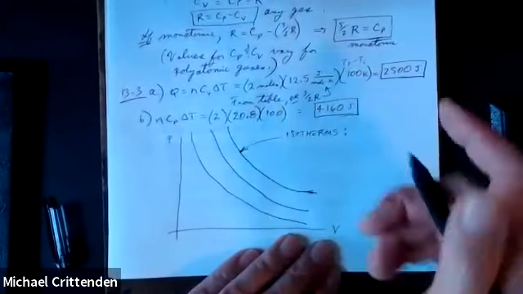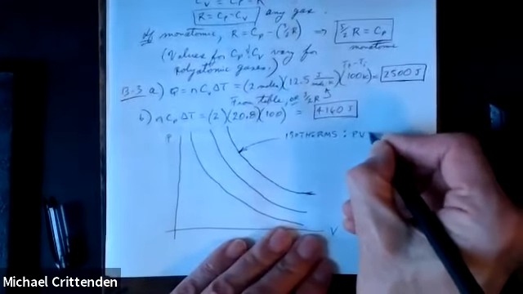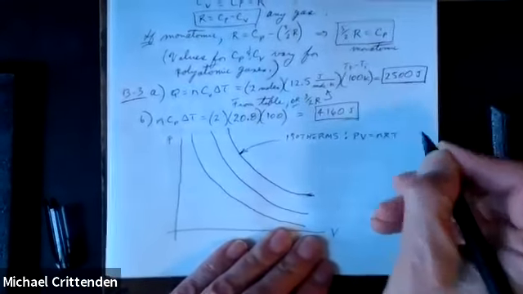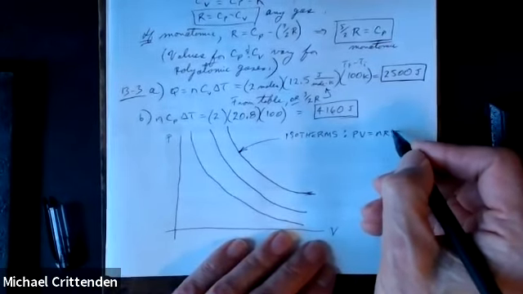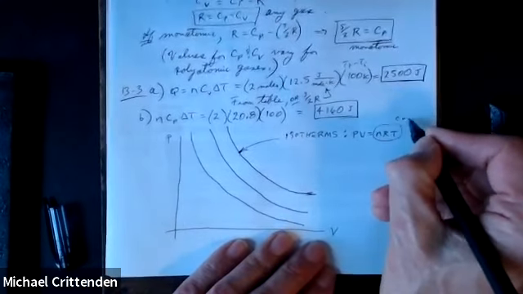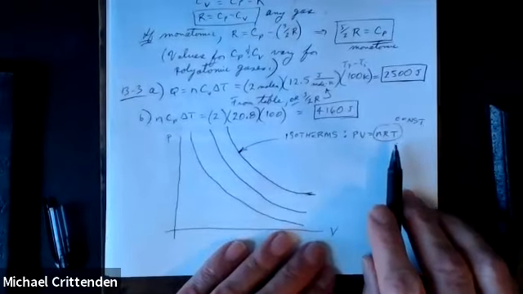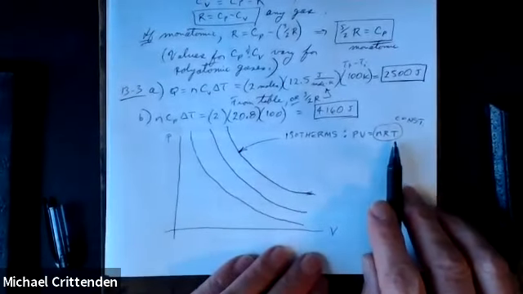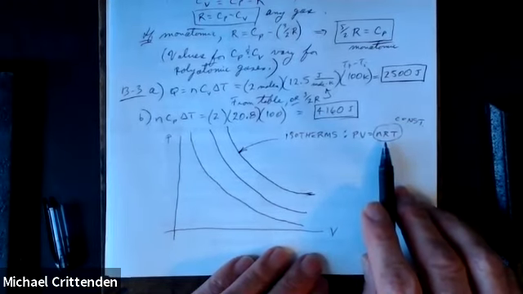If you take the gas law, PV equals nRT. If you want to consider a constant temperature process, well, an isothermal process, the temperature would be constant. The gas law constant is constant.